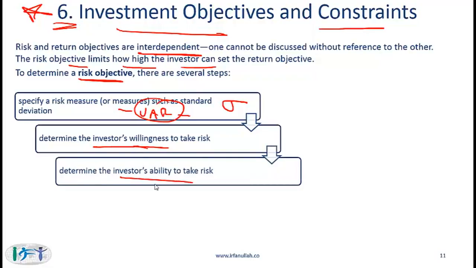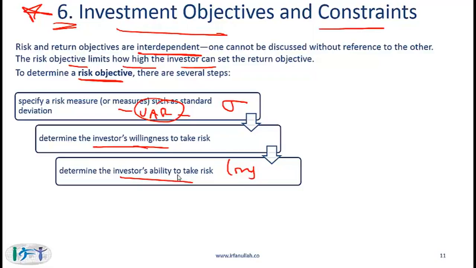Then we determine the investor's ability to take risk, and this is a little more objective. How can we do this, and what do we look at? You can think of the investor's spending needs, the planning horizon, whether that's long-term or short-term. If the planning horizon is long, what will that do all else equal to the ability to take risk? The ability to take risk will be higher.